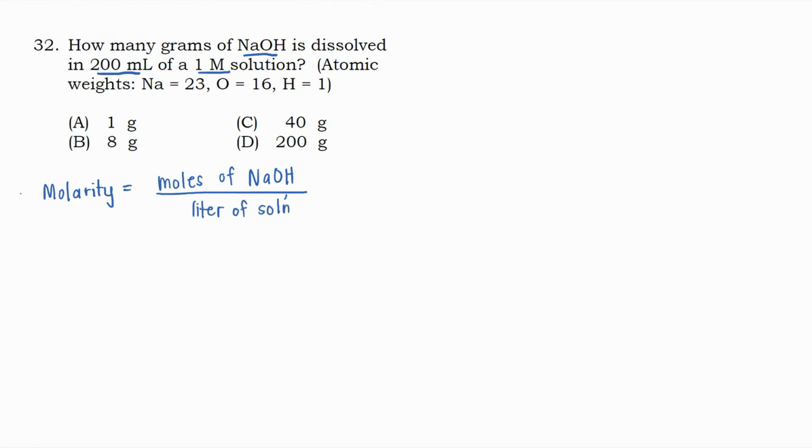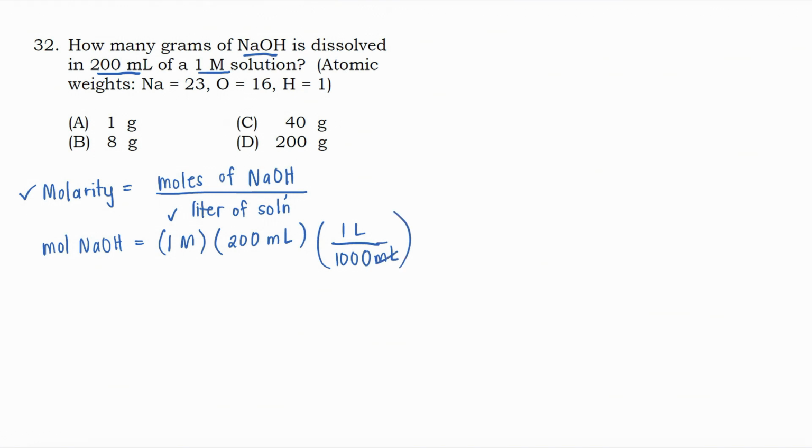Ayan, and then, since meron na tayong molarity, meron na tayong ml or yung volume, pwede na natin makuha yung mole ng NaOH. Equal yan sa molarity na 1 M times the volume, which is 200 ml. And then, sa isang liter, since 1 liter yung basis natin, merong 1,000 ml.